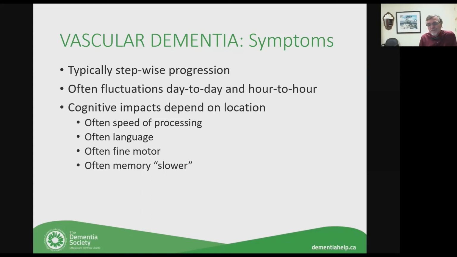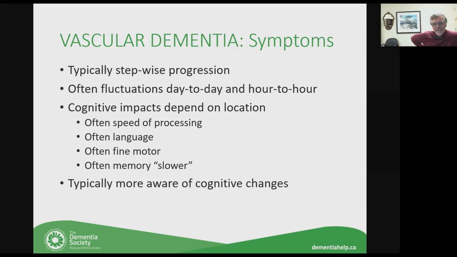And memory could be slower as well, right? So remembering the name of someone may be slower. Now, one of the features of vascular dementia is that because it's not all happening in the hippocampus, not all in the temporal lobe, we're more aware of the changes. So we'll notice that things take longer. We'll be more frustrated. When they come to my clinic, they're more likely to tell me that they have a memory problem.